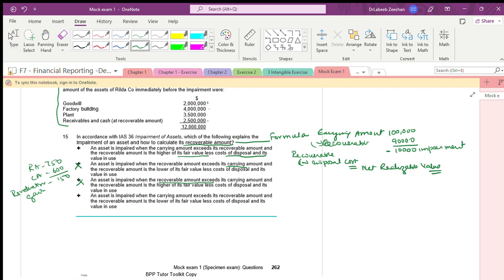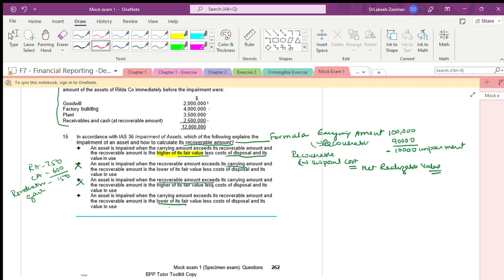And an asset is impaired when the carrying amount exceeds the recoverable amount, and the recoverable amount is lower. It is not lower, it is higher.